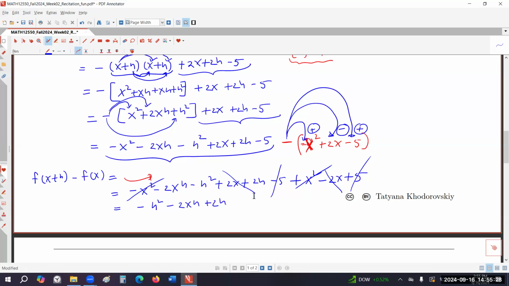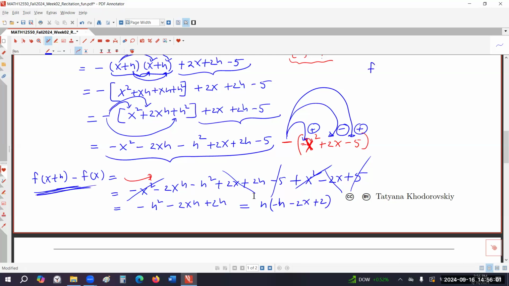So that was our second step. Third step says, whatever you have, divide that by h. Well, I'm going to divide, but before that, can you pull out anything here as a common factor? h times negative h minus 2x plus 2. So this is what we have for the second step.